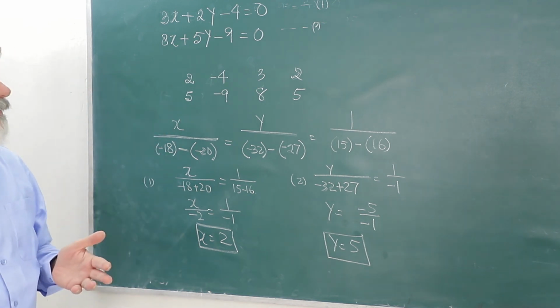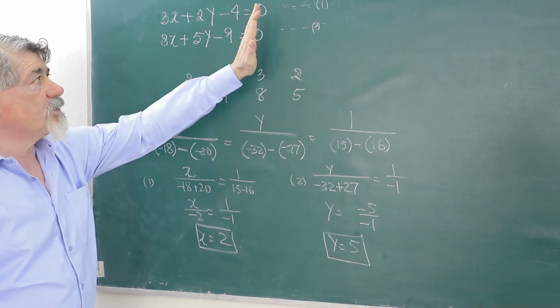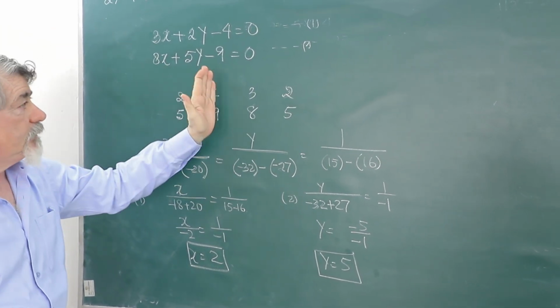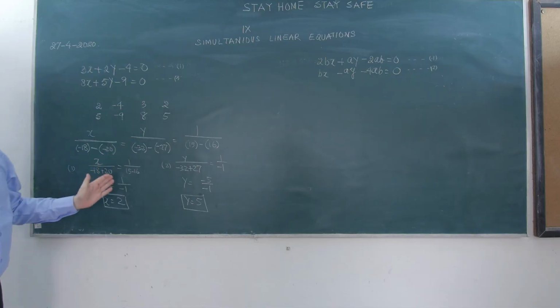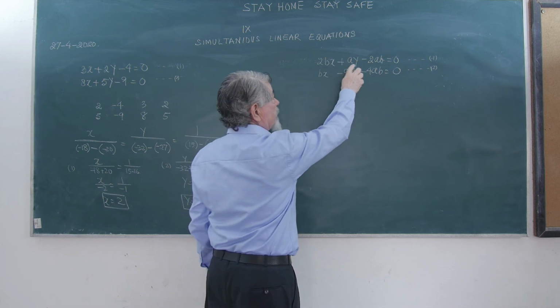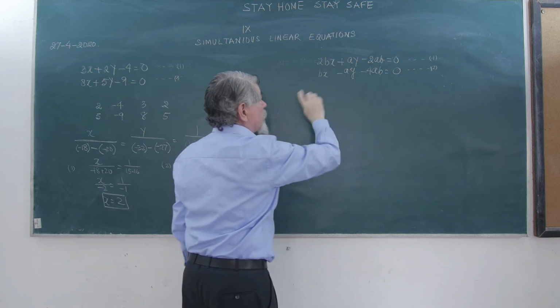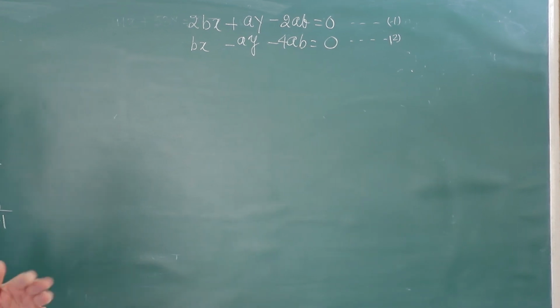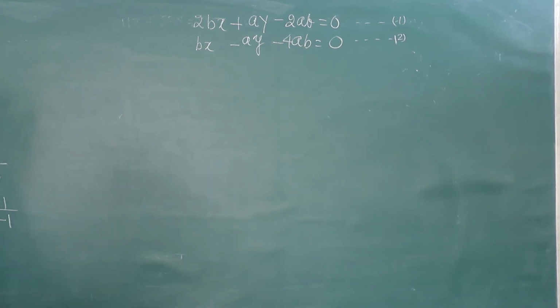As I told you, in cross multiplication we transfer all the terms to the left hand side and then we write in the form of columns like this. Like here in this question, 2bx plus ay minus 2ab is equal to 0, bx minus ay minus 4ab is equal to 0. Here already all the terms are on one side.